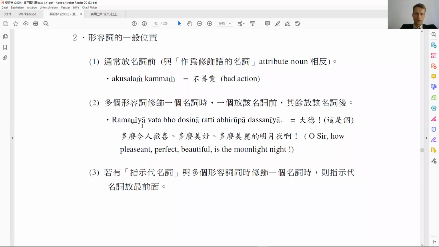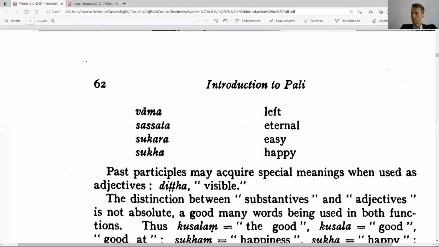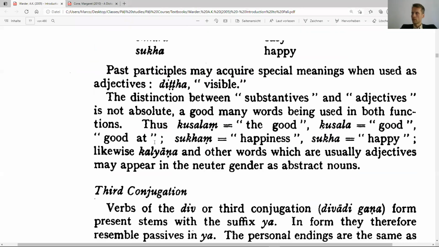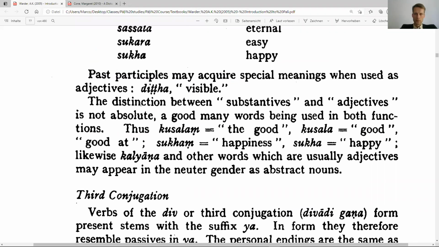Regardless, the past passive participle may be used as adjectives. They have a special meaning. Here, for example, this passati dipta in the sense of visible. Moreover, just by the way, other participles can also be used as adjectives.